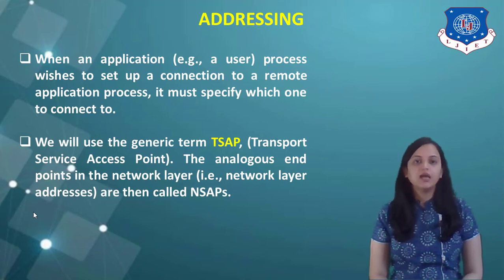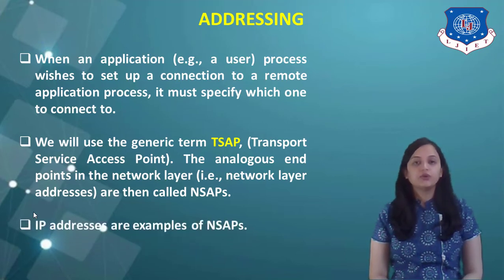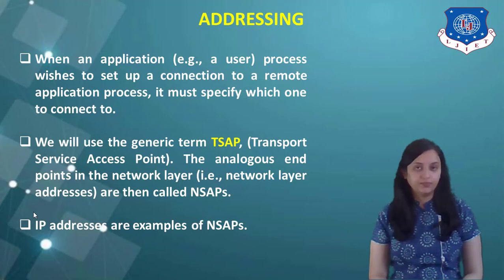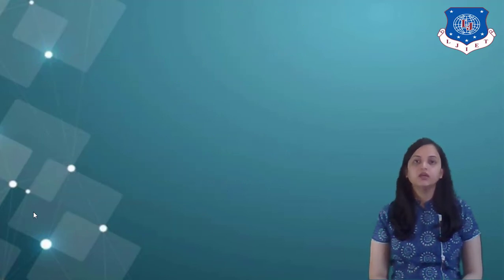The analogous end points in the network layer are called NSAPs, that is Network Service Access Points, or Network Layer Addresses. IP addresses are examples of NSAPs.